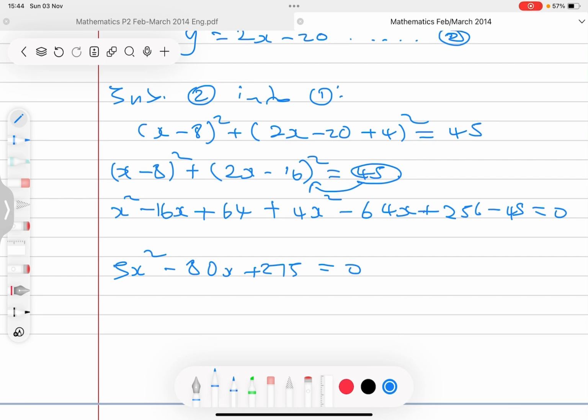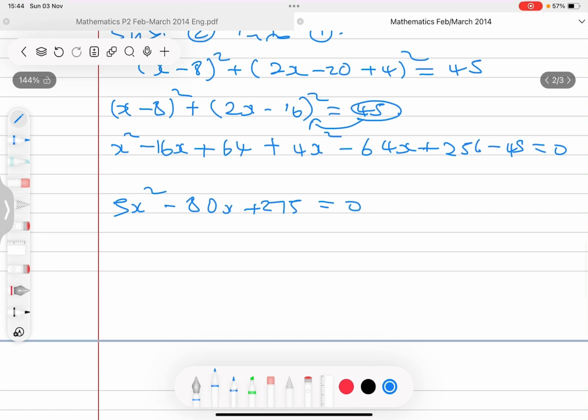Now, I think at this stage you can use a quadratic formula because I see we have big numbers, it's easier. Or the other thing that I see is that I can see a common factor of 5 here. So if I divide by 5 here and divide by 5 here, I can reduce this. Maybe it's something that I can work with.